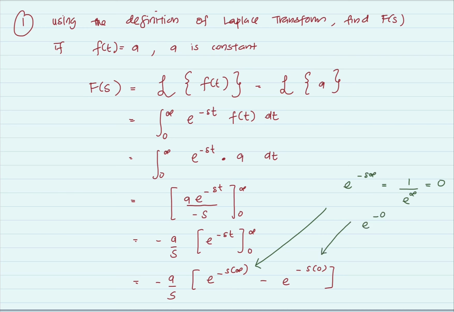It is basically 1 over e to the 0, 1 over 1, which is 1. So our final answer is minus a over s times 0 minus 1, which is a over s.